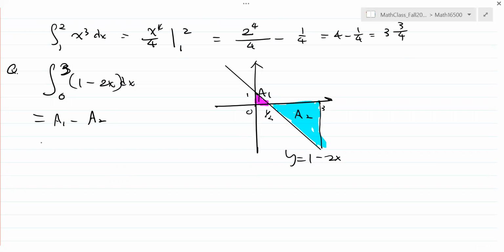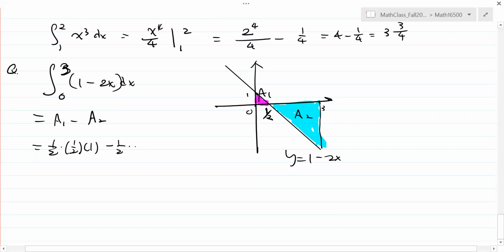Look at this problem, right? And this is 1/2. So the area of the first triangle is 1/2 times the base times the height, minus the area of the other triangle below the x-axis. One side is 3 minus 1/2, right? The base. 3 minus 1/2 is going to be 5 over 2.